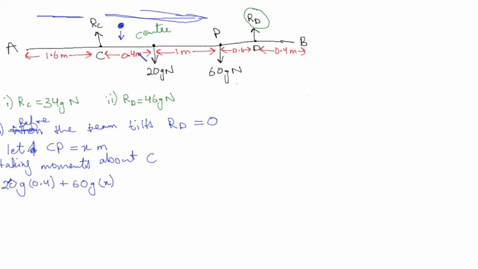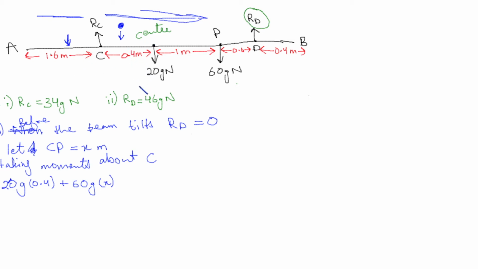So that confusion, you don't have to worry about it now and keep thinking, how do I know if it'll be clockwise or anti-clockwise? If P is here after the beam starts to tilt, then it's anti-clockwise, so my answer could be wrong.